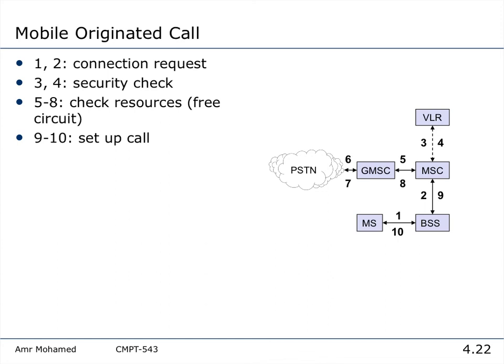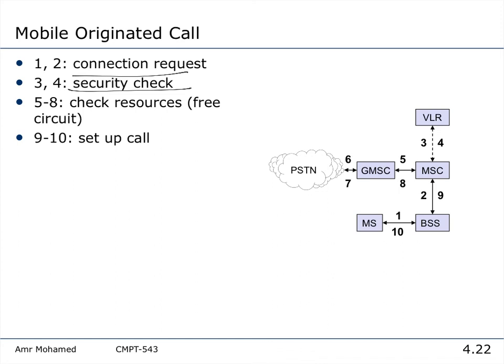Because the mobile station knows exactly everything about where it is and so on. So I don't need to propagate any paging. So some of these steps are actually hidden. Of course, you need to do security checks as part of establishing the call. But in terms of connecting with the HLR to find the location areas, I don't need to do that, because the mobile station knows where it is, right?